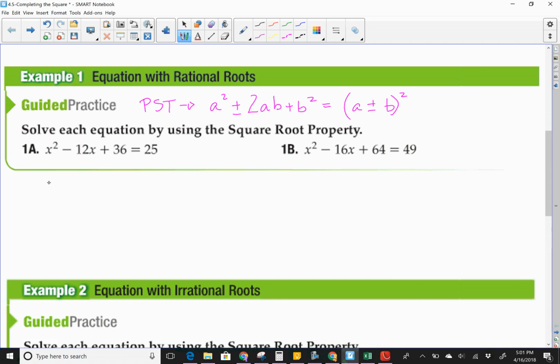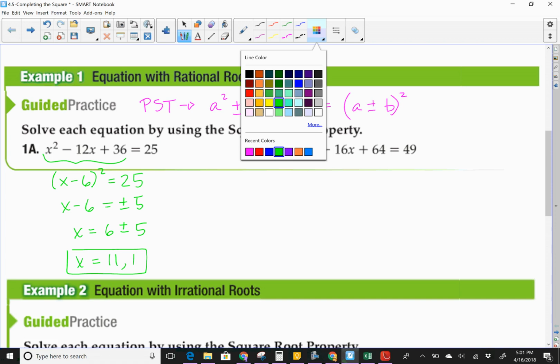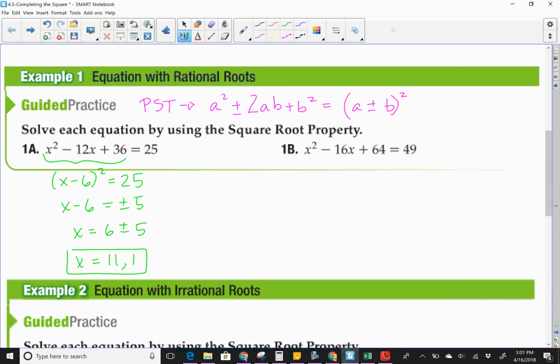But if you recognize that this is a PST that factors to x minus 6 squared, then when you take the square root of both sides, x minus 6 equals plus or minus 5, x equals 6 plus or minus 5. 6 plus 5 is 11, and 6 minus 5 is 1.